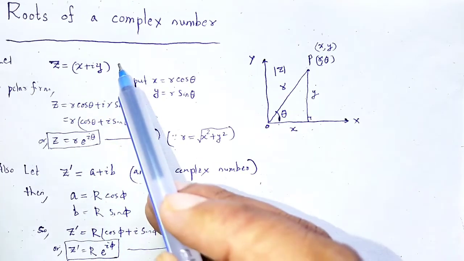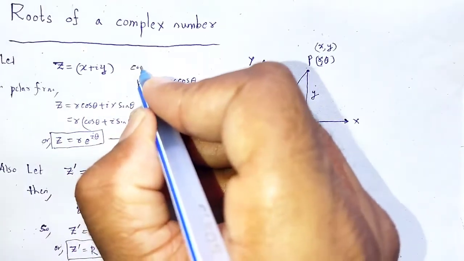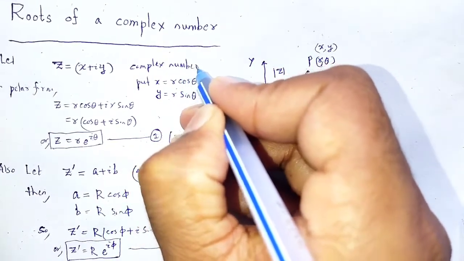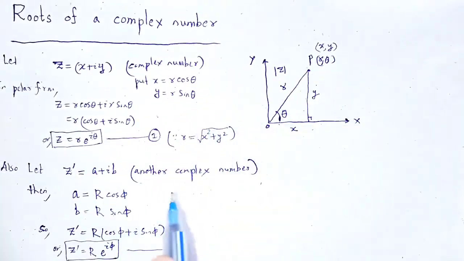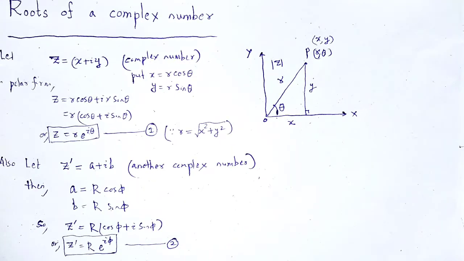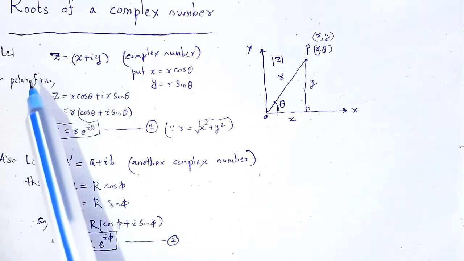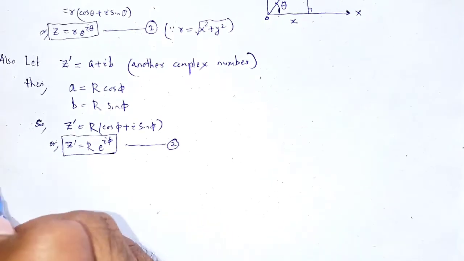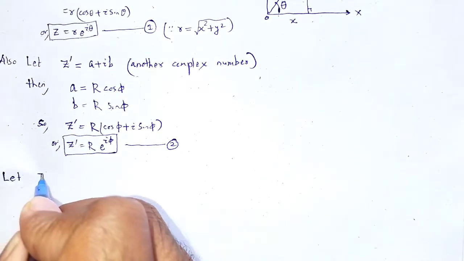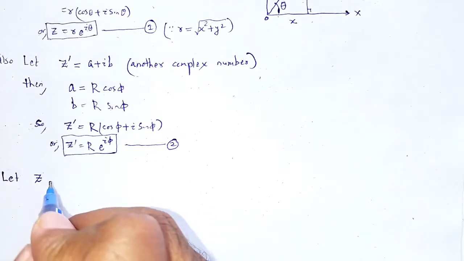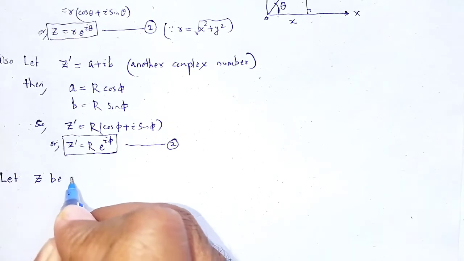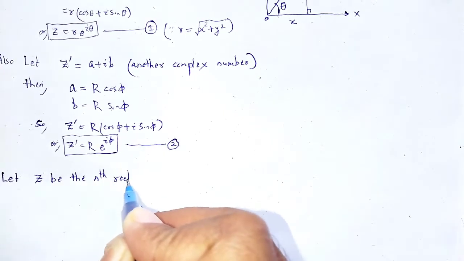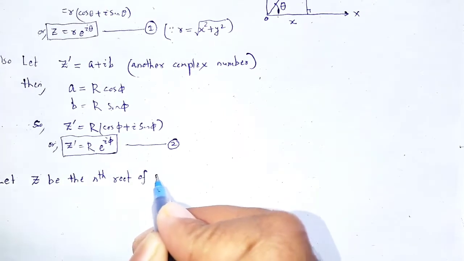z is a complex number and z dash is another complex number. Let z be the nth root of z dash.